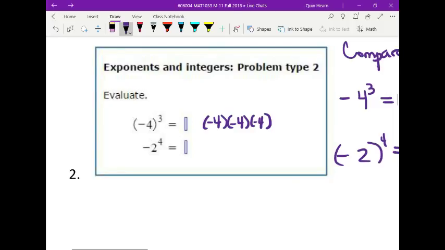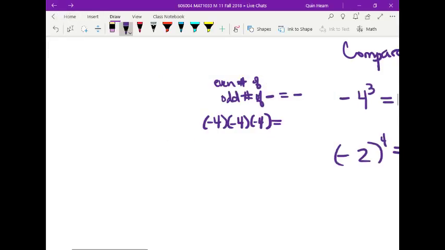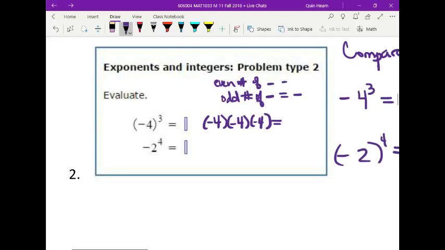So a negative times a negative times a negative, when you have an odd number of negatives, you're going to get a negative. If you have an even number of negatives, since a negative times a negative is a positive, that's going to give you a positive. In this case, we have 3, an odd number, so we're going to get a negative answer. And then you just find 4 to the third power. 4 times 4 times 4 is going to be 64.